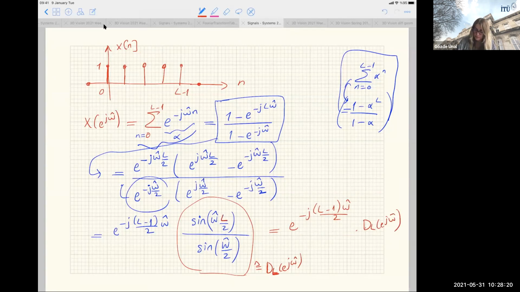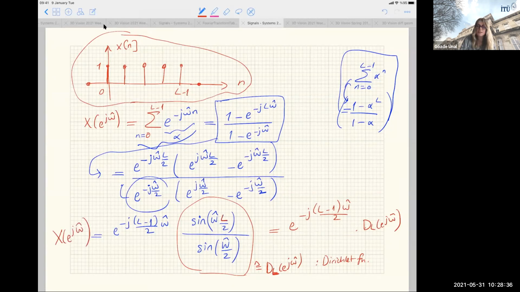So I'll go back to the slides. You see, the important thing is this was x of n. Now this is its Fourier transform, X of e to the j omega hat, okay? This is the Fourier transform pair, at least. That's what I'm trying to say, okay? Discrete time Fourier transform pair.